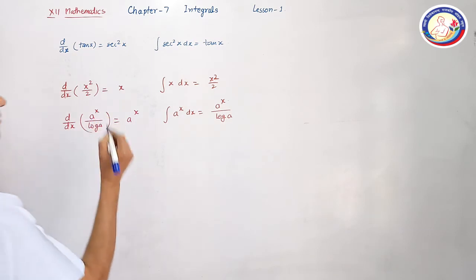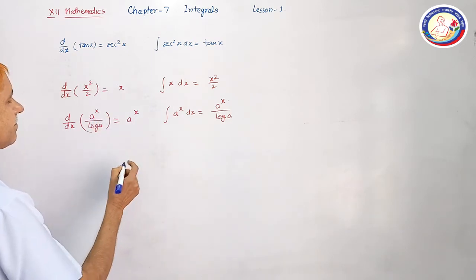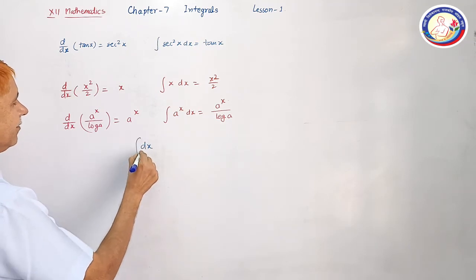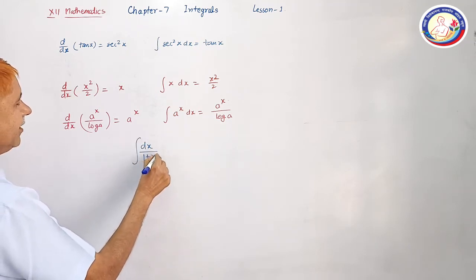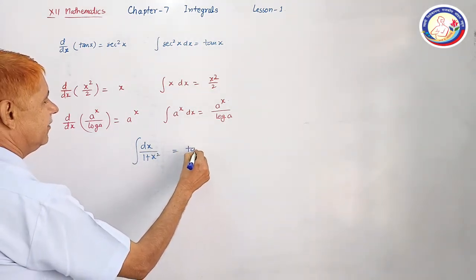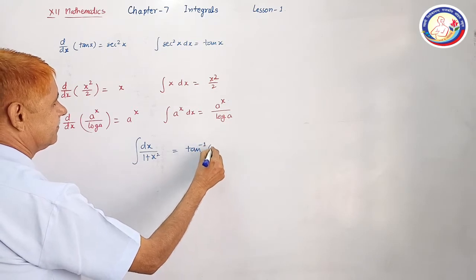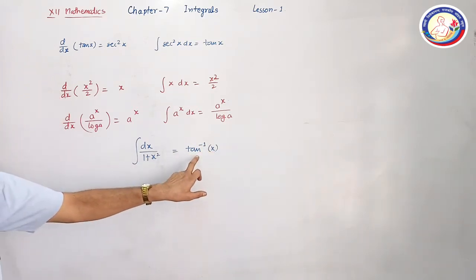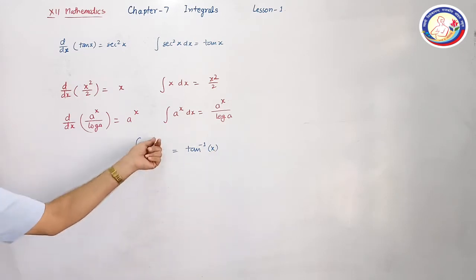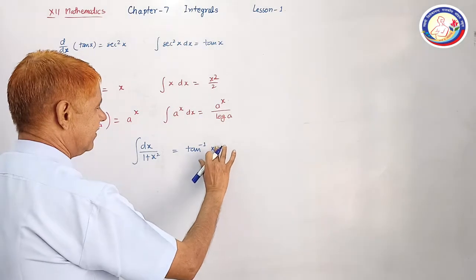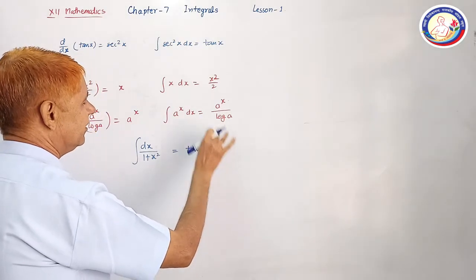The integration of 1 upon 1 plus x square is tangent inverse x, because the derivative of tangent inverse x is 1 upon 1 plus x square. So in this way we can understand what is integral.